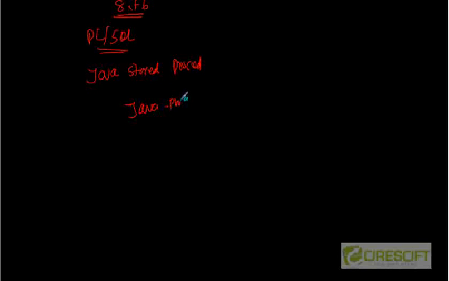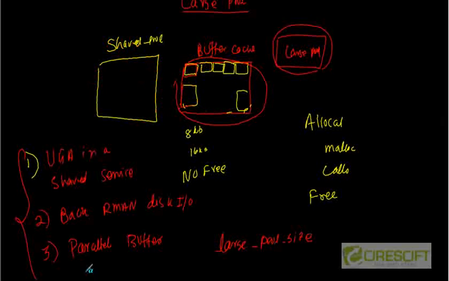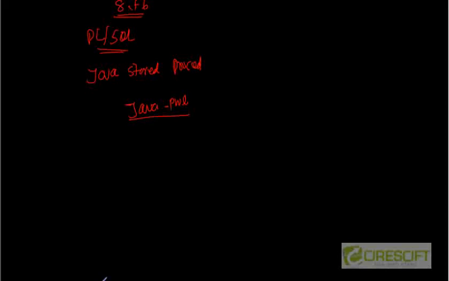Inside the Java pool we allocate memory so that our Java stored procedure can run. Remember, in the shared pool we have an area where we run PL/SQL procedures. But for a Java stored procedure, you don't use the PL/SQL area of the shared pool. Instead you use another memory structure called the Java pool, and the parameter java_pool_size determines how big your Java pool is.